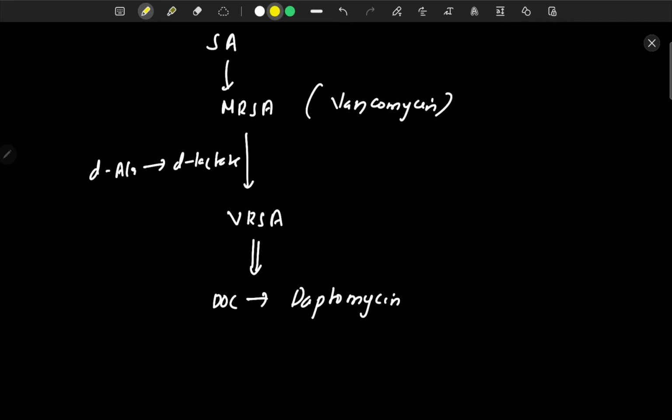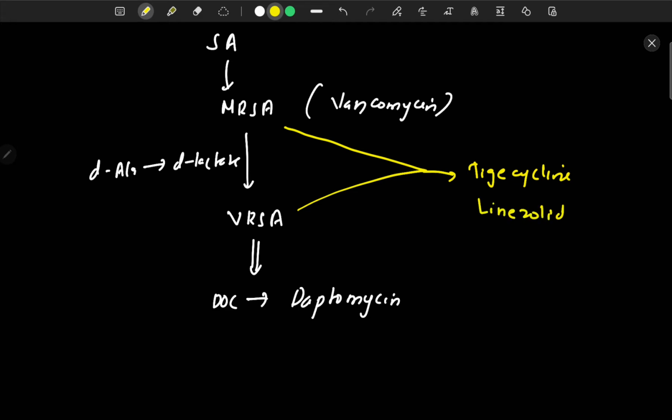In case of MRSA and VRSA, we can use other drugs such as the protein synthesis inhibitors tigecycline, linezolid, then streptogramins.